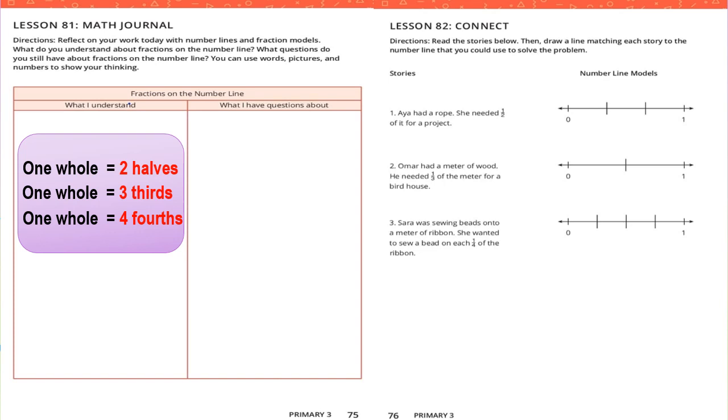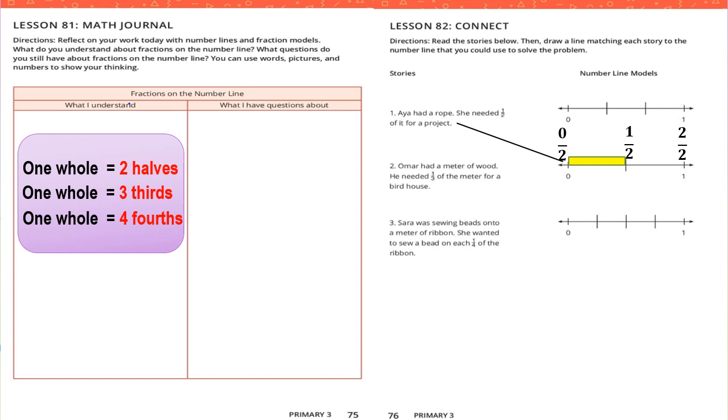Like this, 0, convert it to the fraction 0/2. After 0/2, 1/2 till the whole fraction 2/2. To locate 1/2 on the number line, you should join the distance between 0/2 and 1/2, like this. So here I can match this story to its number line.